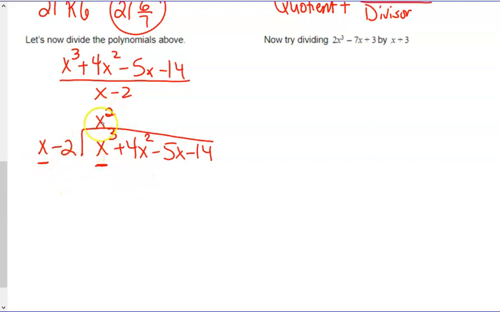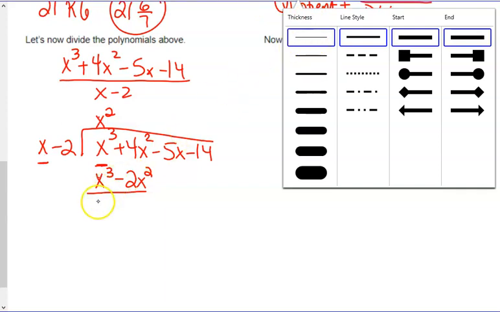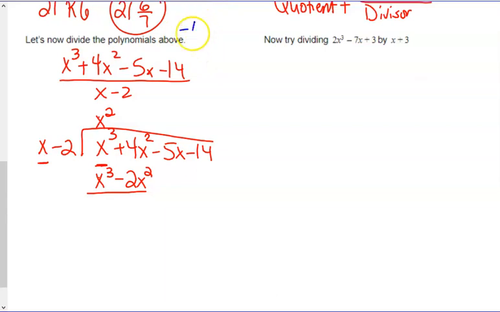Now remember, when you're taking one term and multiplying it by two terms, we have to distribute that through. So x squared times x is an x cubed. Then we're going to multiply x squared times a negative 2, which gives me a minus 2x squared. Now, in our example above, once we multiply, the next step is to subtract. But if I'm going to subtract this expression here, x cubed minus 2x squared, remember, I have to subtract the whole thing.